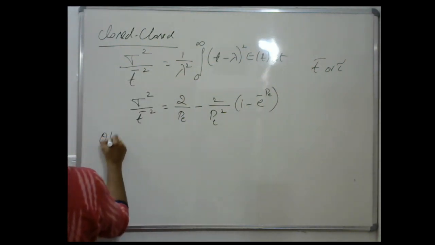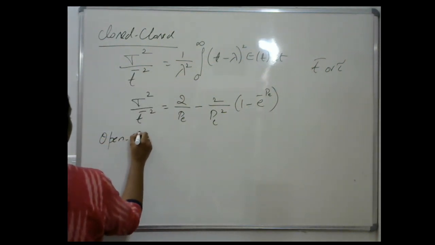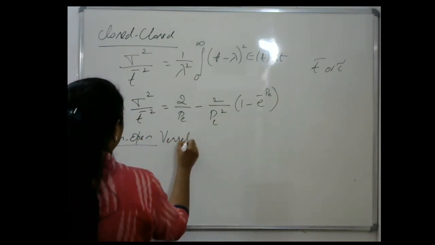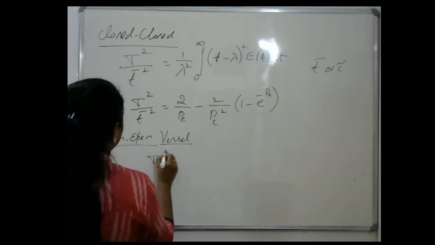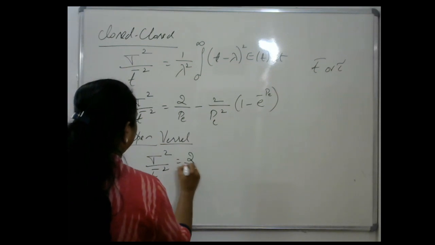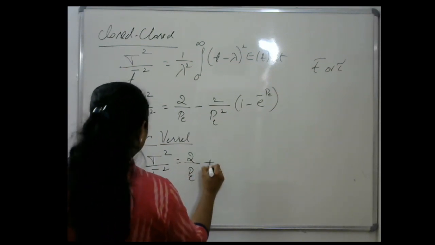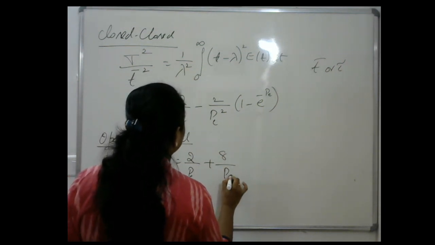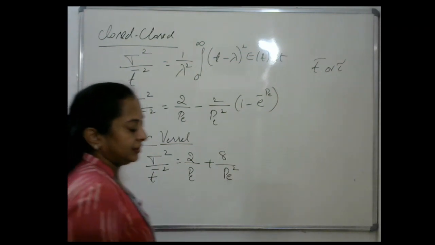And for an open vessel, this equation will be sigma square by T bar square is equal to 2 by Pe plus 8 by Pe square.